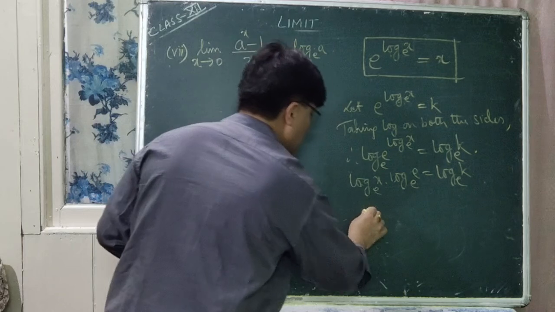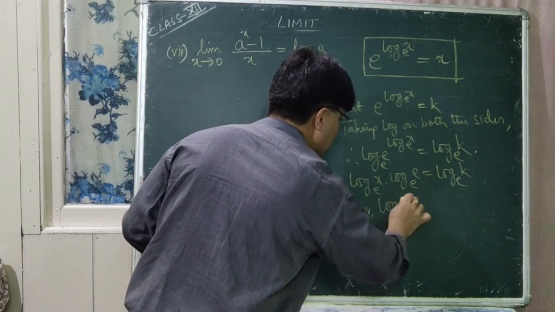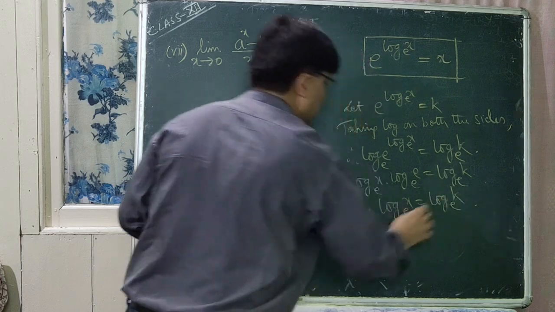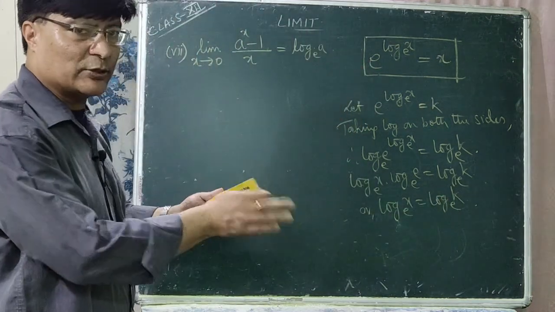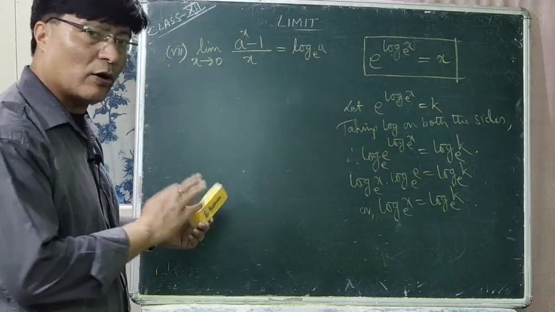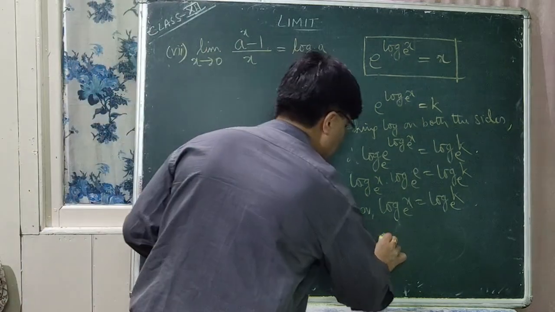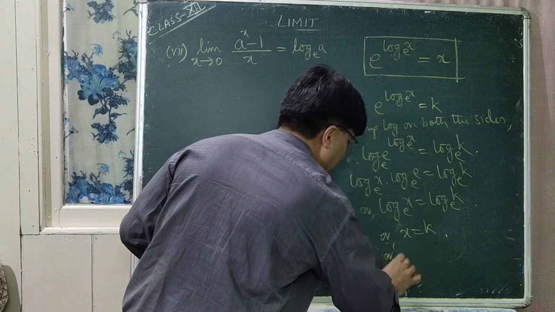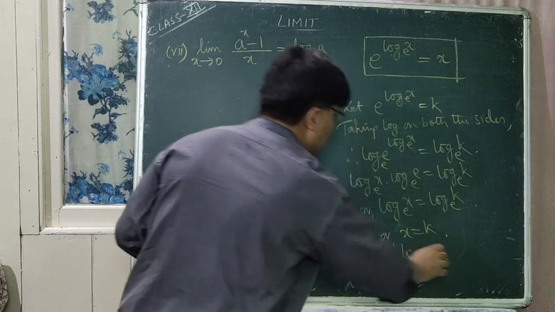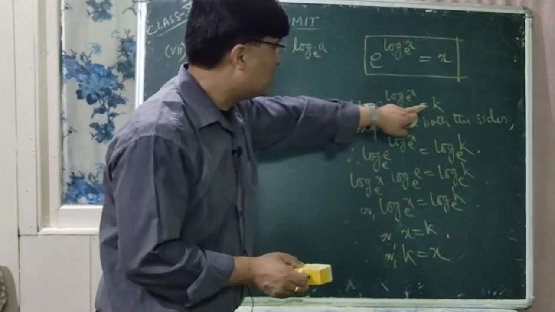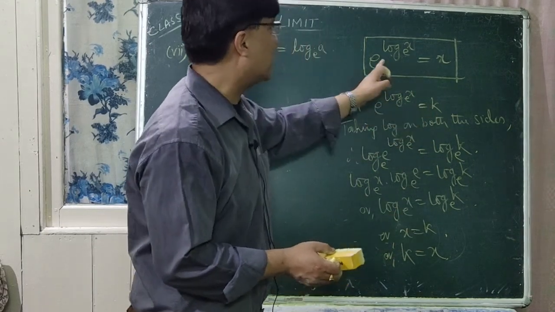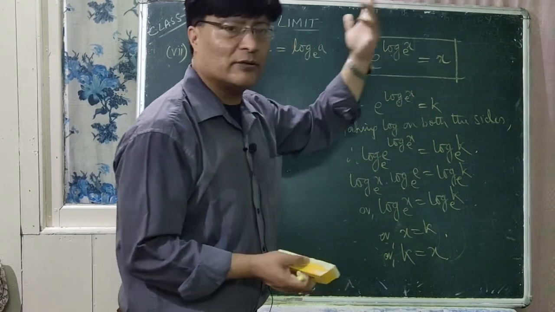So it is log x base e is equal to log k base e. From both the sides you can cancel the log. So what do we get? x is equal to k, or k is equal to x. So we have proved that e to the power log x base e is equal to x.